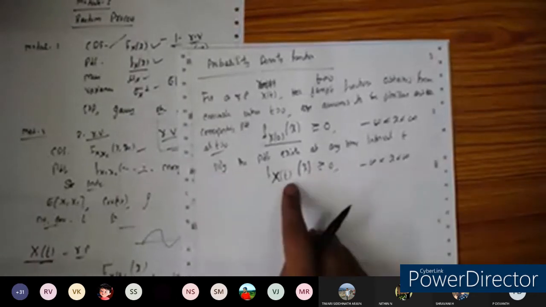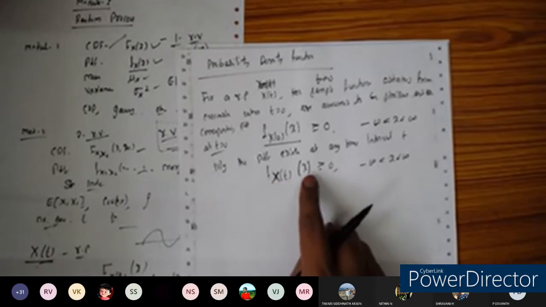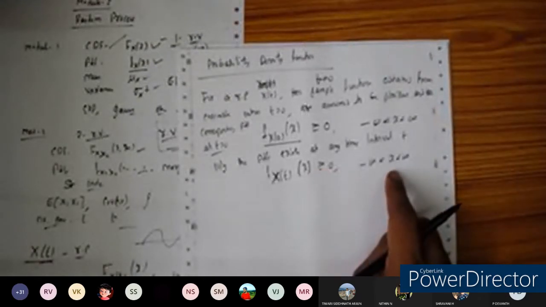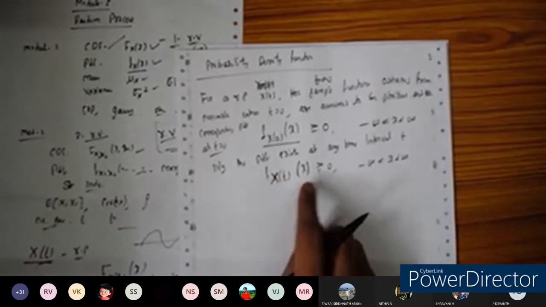So with respect to the time t, we can define the PDF like this. By the property of PDF, it takes a value greater than or equal to 0. So this is for the single random process we have defined here.